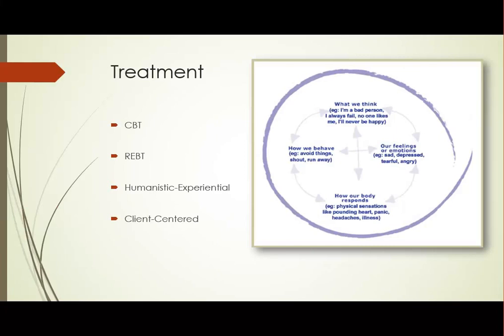So in cognitive and cognitive behavioral therapy, there are 2 main themes. Cognitive processes influence emotion, motivation, and behavior, and techniques are used in a pragmatic or hypothesis testing manner. REBT, or Rational Emotive Behavior Therapy, was developed by Albert Ellis.